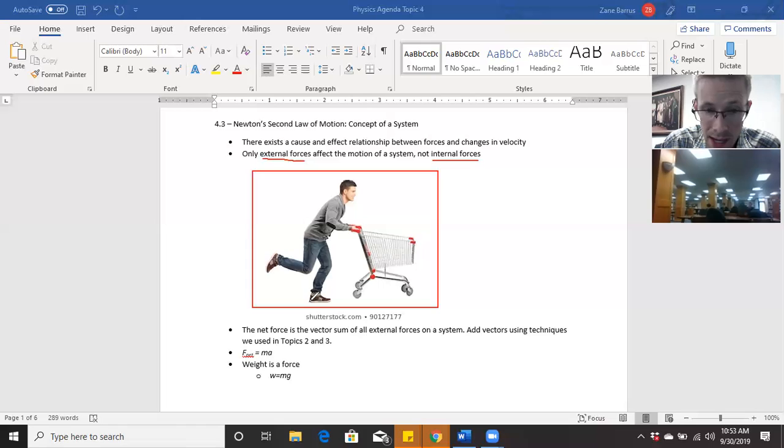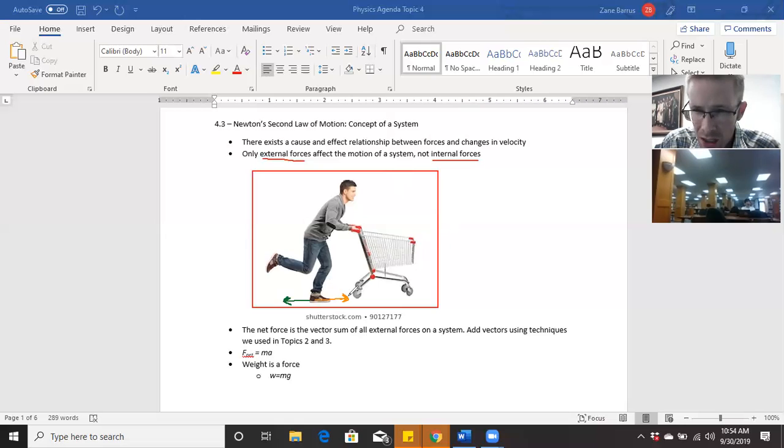As he's running with the shopping cart, now I want you to watch my screen because I want to draw some arrows in here. His foot is exerting a backward force on the floor, represented by this green arrow. At the same time, the floor is exerting a force forward on the guy's foot.